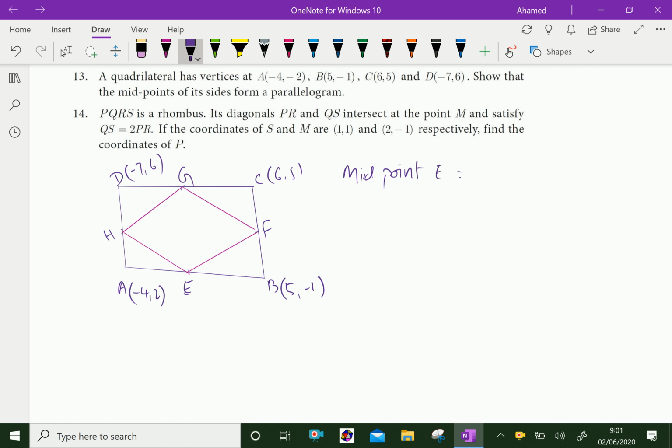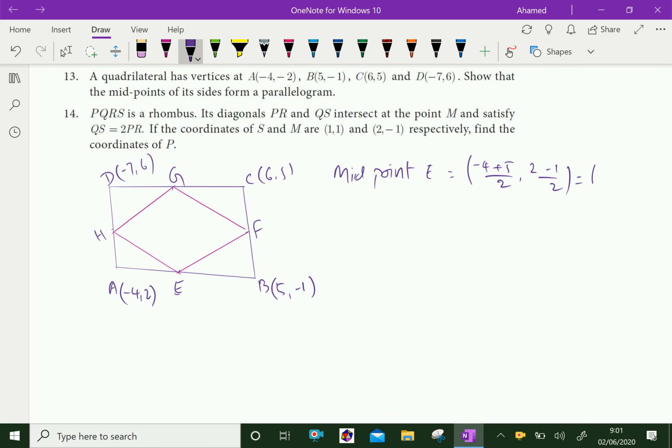That is (-4 + 5)/2, (-2 - 1)/2, which is half and half.